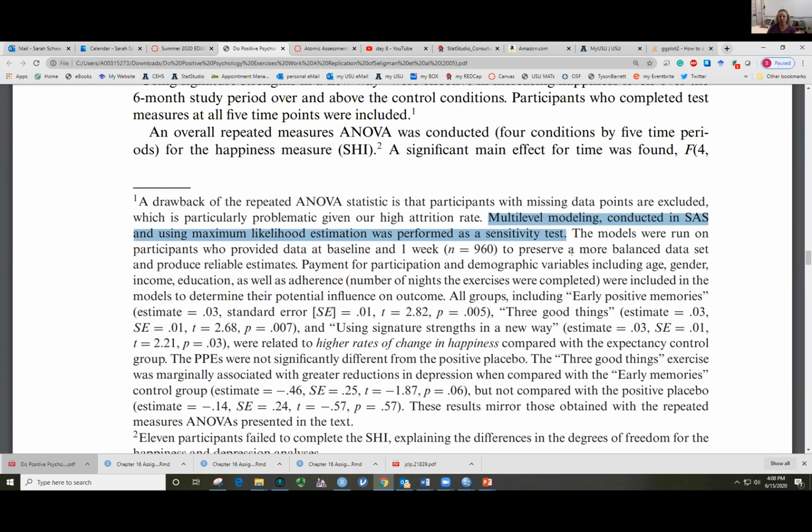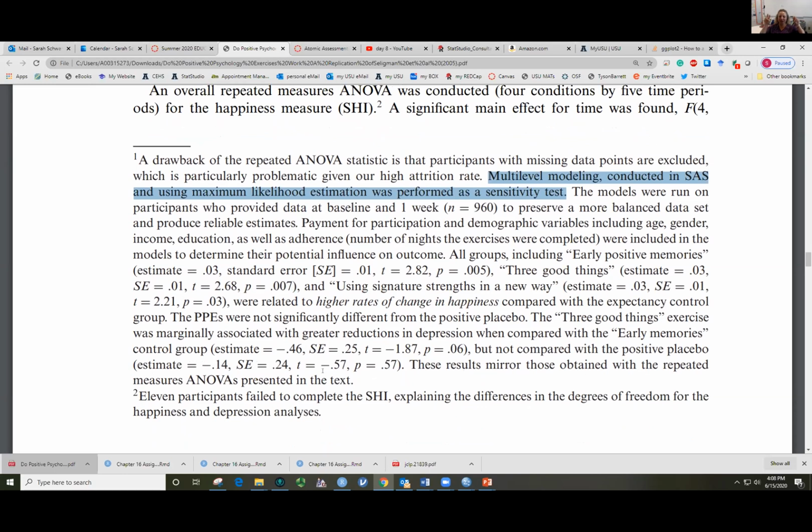So what they end up doing in the remainder of this paper is they present the results of the repeated measures, or actually it's a mixed design ANOVA because they have different groups and everyone's repeated over time even in the groups. But off to the side, they reran the analysis with multi-level modeling to see if they get the same results, which they show here, pretty much the same story being told.